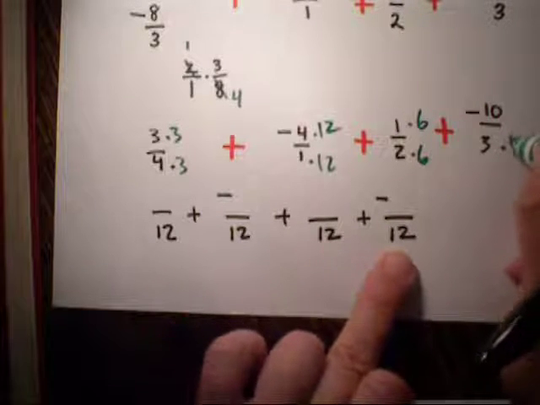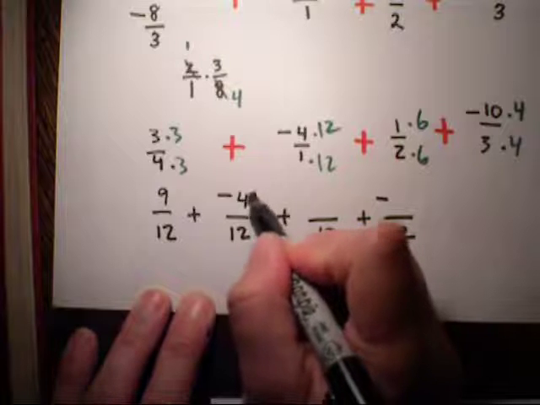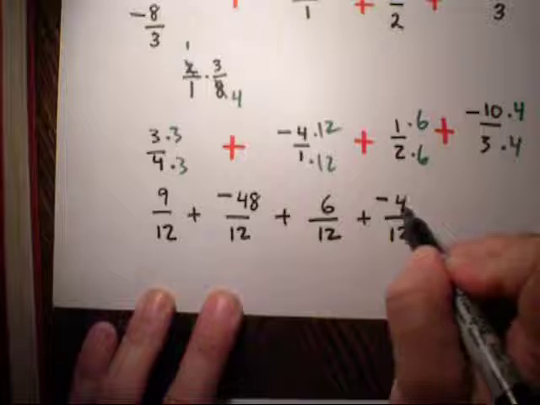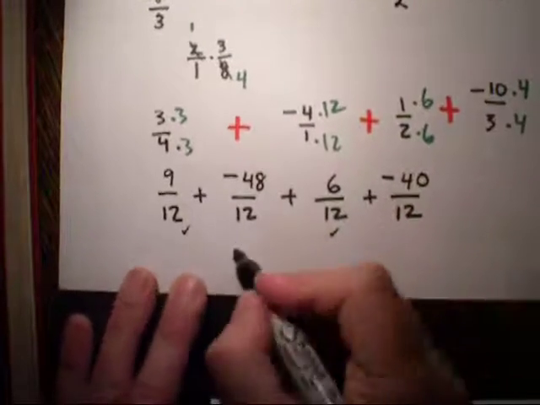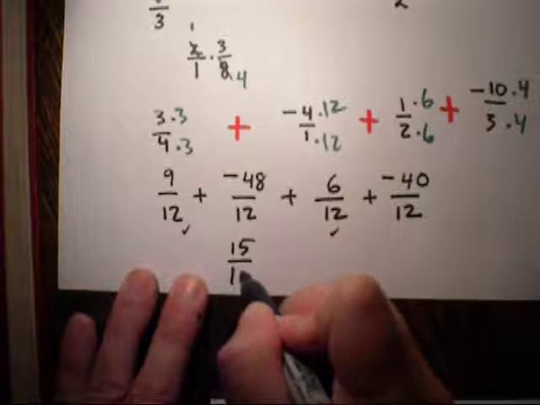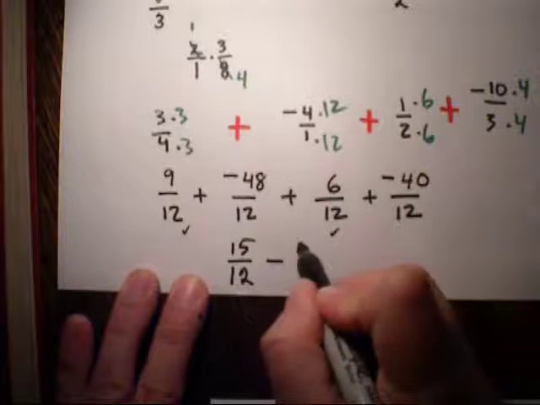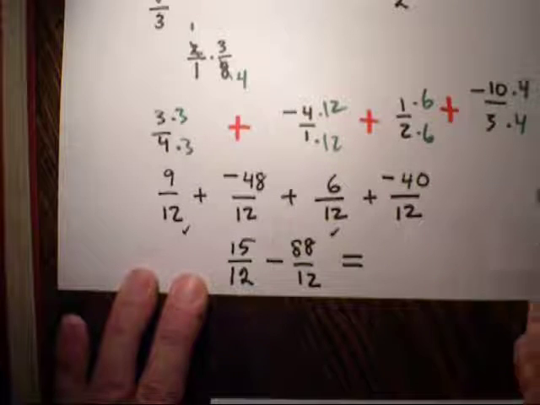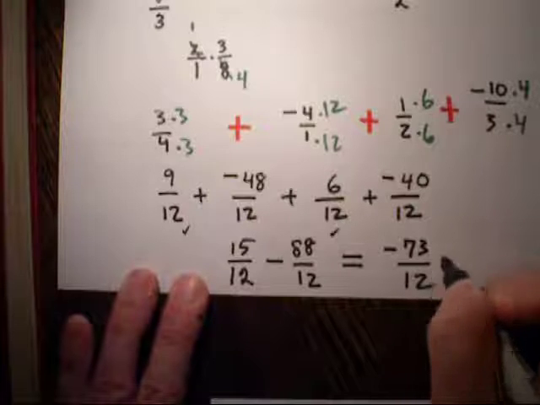To get to 12 here, I multiply by 4. So I have 9, 48, 6, 40. If I add these two together first, they're the positive ones, 15 over 12. Adding these guys together, the negative ones, I have 88 over 12, and that becomes negative 73 over 12.